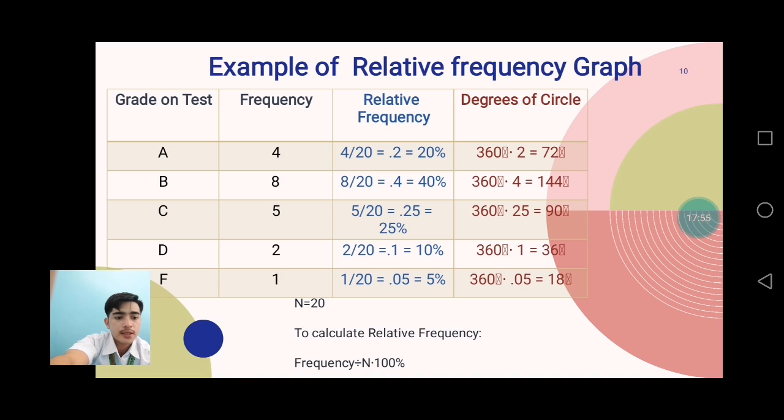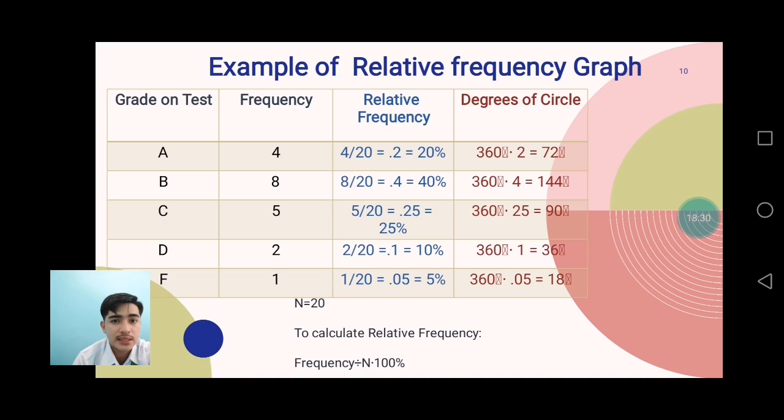When we do a circle graph, we need to take the decimals times 360 degrees, since a circle has 360 degrees. So for example, 360 multiplied by 0.2 gives you 72 degrees. 360 times 0.4 is equal to 144 degrees. 360 times 0.25, you will get 90 degrees. 360 degrees times 0.1 will be 36 degrees.